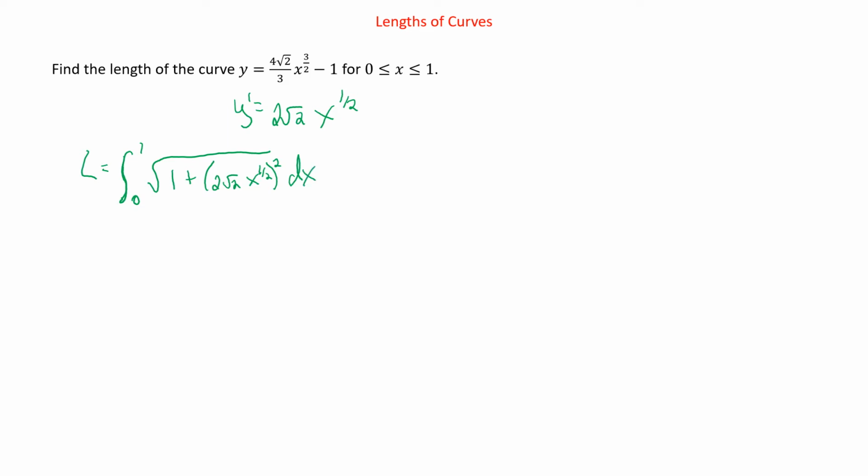When we square this, 2 root 2 squared is just 8. So we have 1 plus 8, and then x to the 1 half squared is just x, dx. We could use some u substitution here.